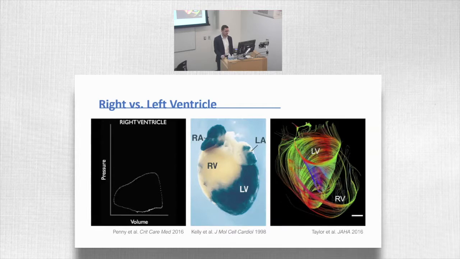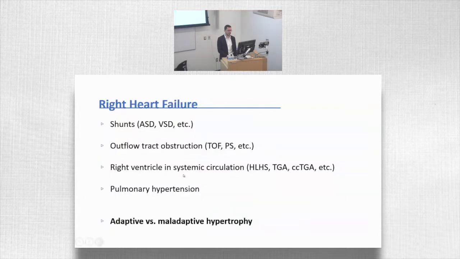It's physiologically different; if you look at the pressure-volume curve, it's very different from what we see in the LV. It's genetically different, even though we have not yet completely understood how the RV and LV develop from a fetal perspective. And from its morphology and structure, it's different from the LV.